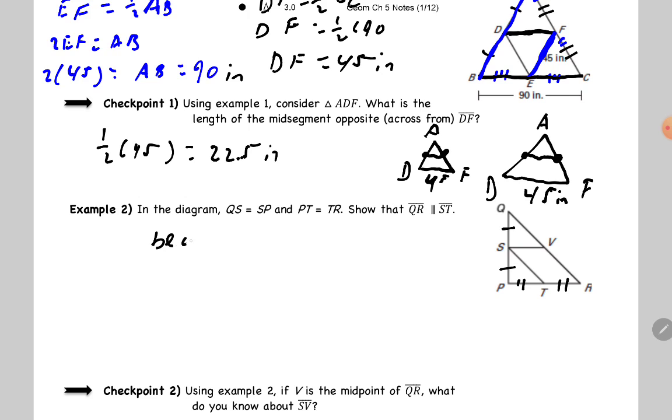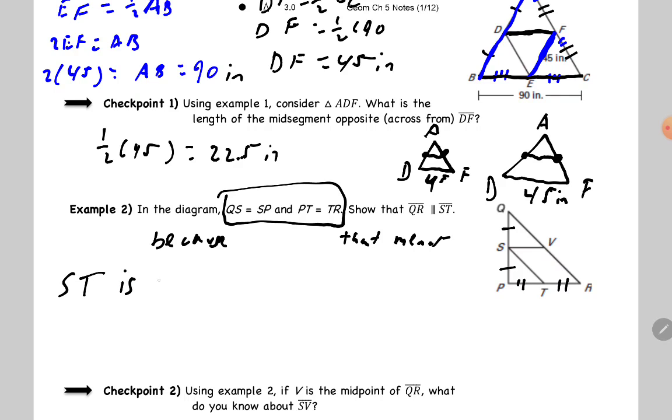So because these two are equal, that means ST is the midsegment of triangle QPR.